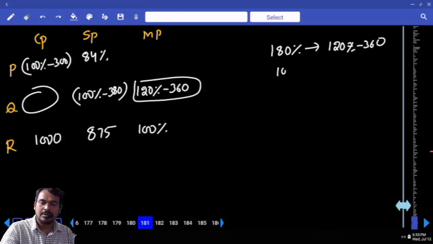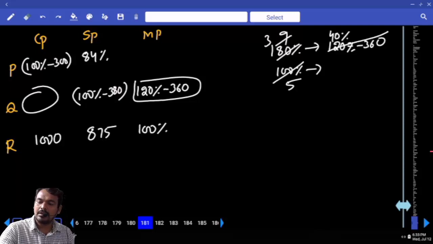Then 100% value is how much? 20 how many times? 5. 20 how many times? 9. Any other calculations? 3 times 40 and 3 times 120.